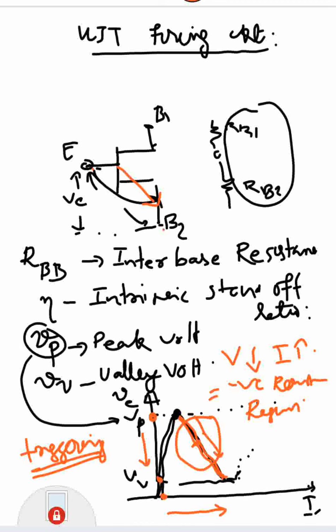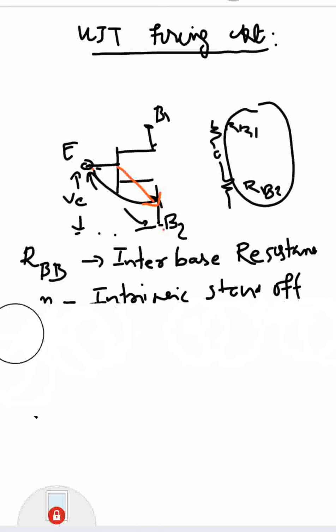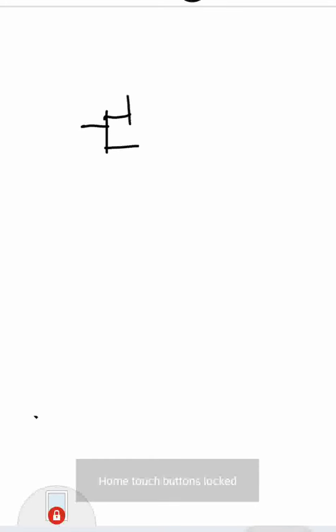Now, using this UJT I am going to build a triggering circuit which will be applied to the SCR. Let's see how to draw the triggering circuit. You have to take this UJT and mark the terminals emitter, base 1 and base 2.